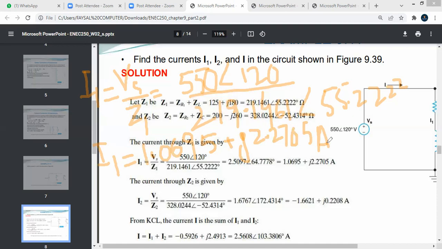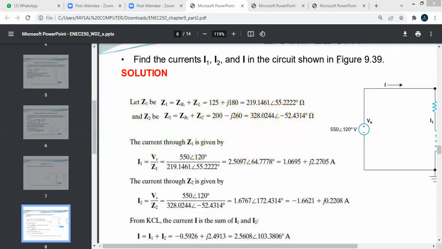Now moving towards my I2 value. I2 equals Vs divided by Z2. What is the value of Vs?